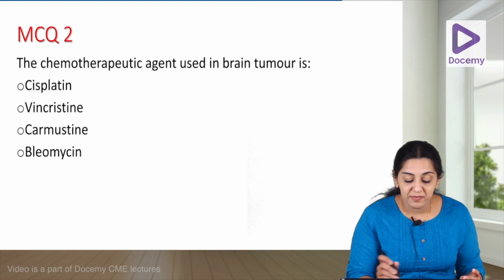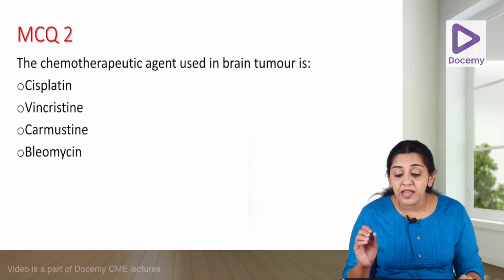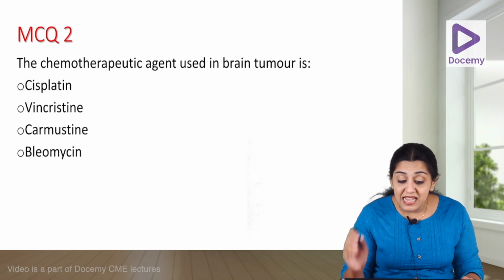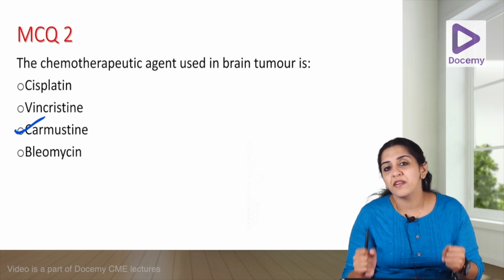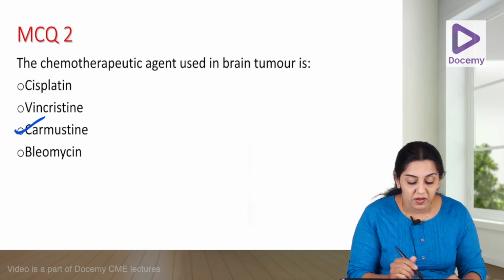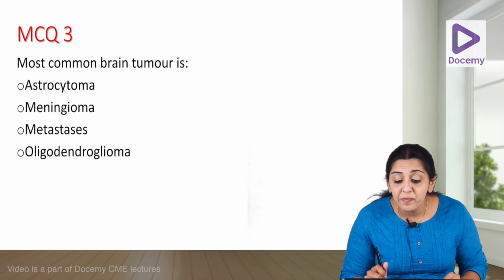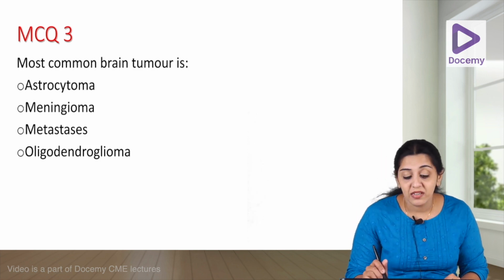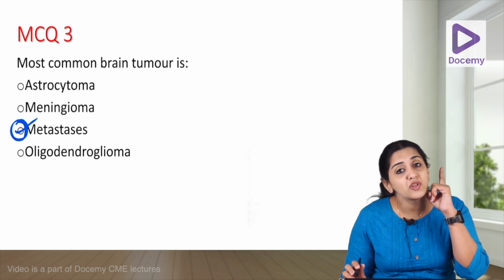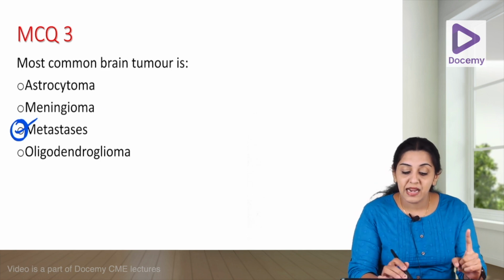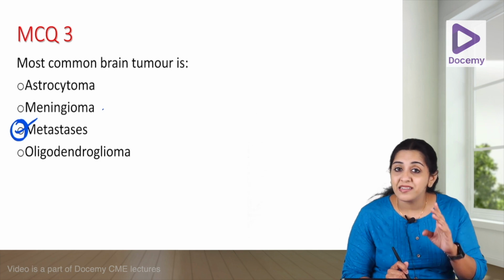Now, second MCQ, the chemotherapeutic agent used in brain tumor is carmustine. Just remember, a patient with a brain tumor driving a car, so it is carmustine. Okay. Next, the most common brain tumor is, actually the most common brain tumor is metastasis. If they are asking for the most common primary brain tumor, it is meningioma. Okay, but it is benign.